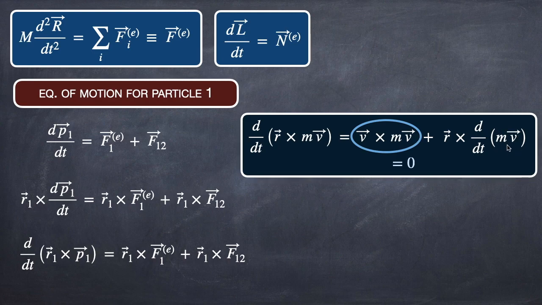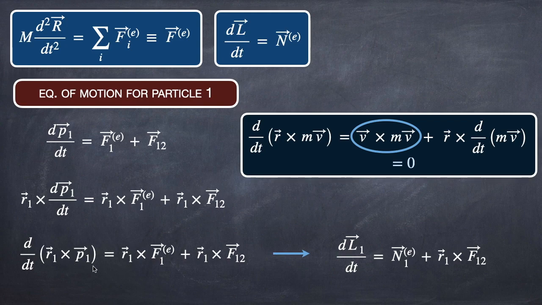So we're going to write this left-hand side as the time derivative of R cross the momentum of particle 1. We are talking about particle 1 for now. And then we just repeat this right-hand side of the equation. But R1 cross P1 is the angular momentum for particle 1.